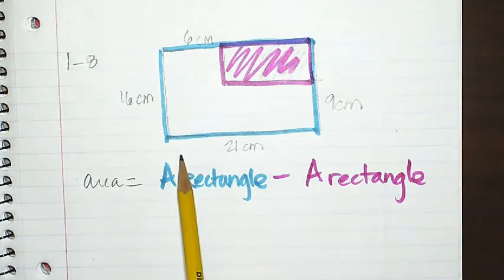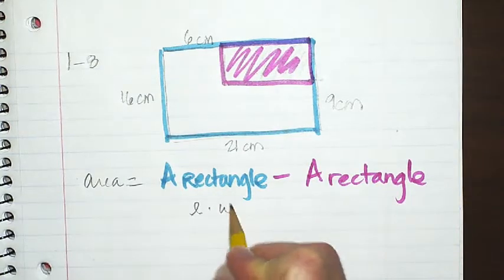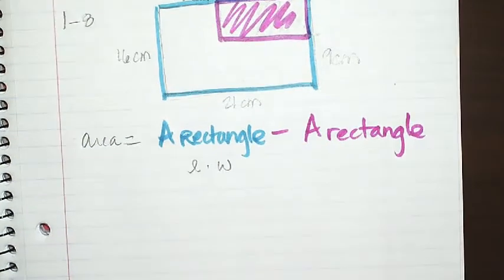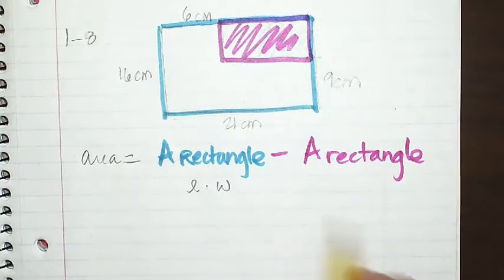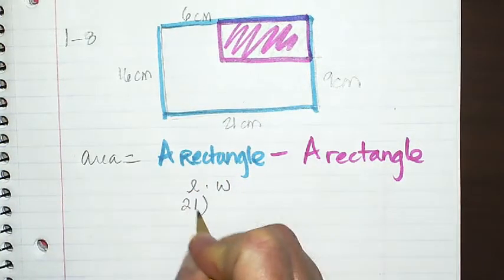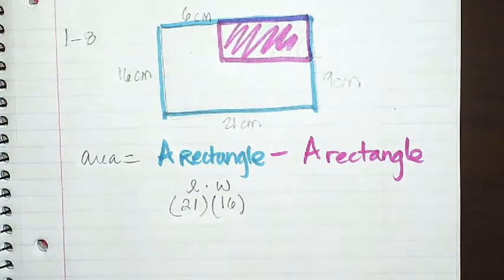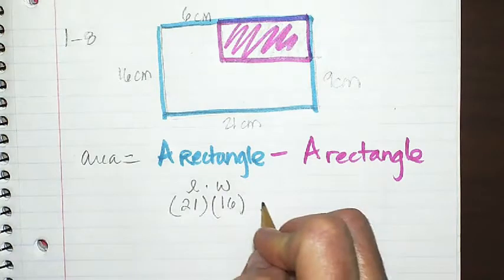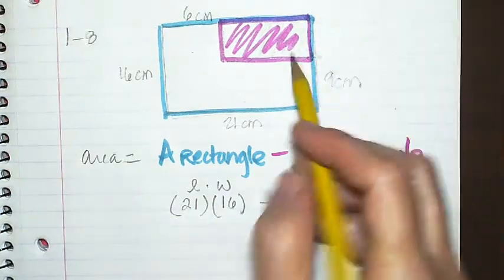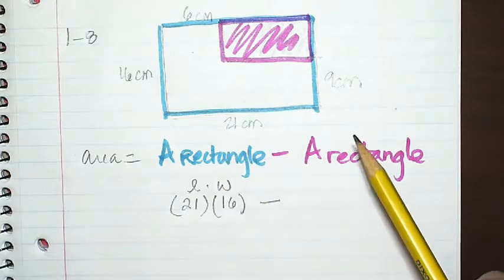So the area of the big rectangle would be the length times the width. Area of a rectangle is length times width, or you may have learned it as base times height. So the length is 21, height 16. It doesn't matter which one you call the length or which one you call the width. Now this one's a little bit harder because we don't have the length and width, but we can figure that out.